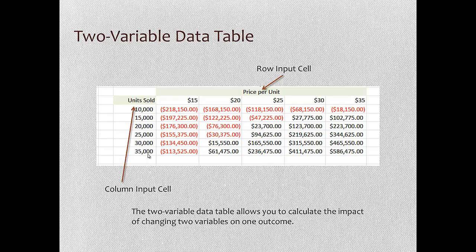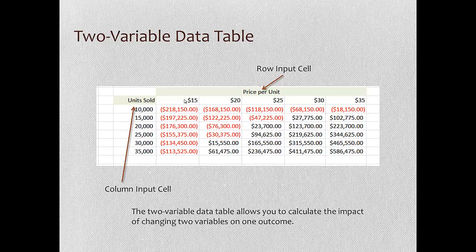So, for example, in this particular data table, we're looking at different sales volumes and different sales prices for the item, and the outcome that we're looking at is net income.